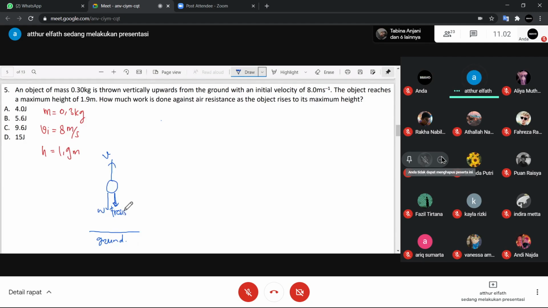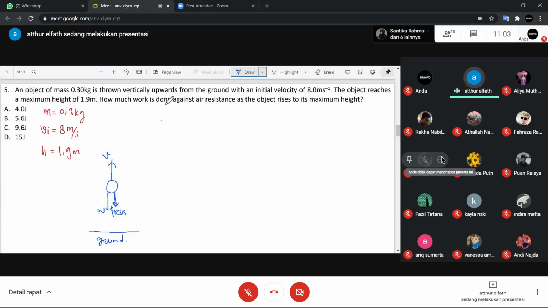So only two forces, and both are directed downward.